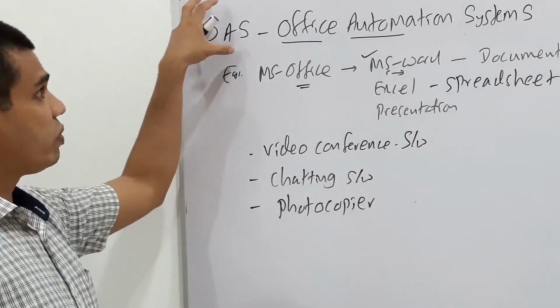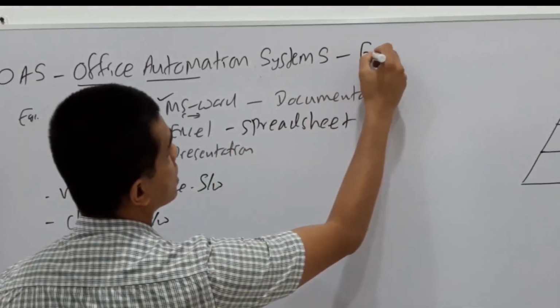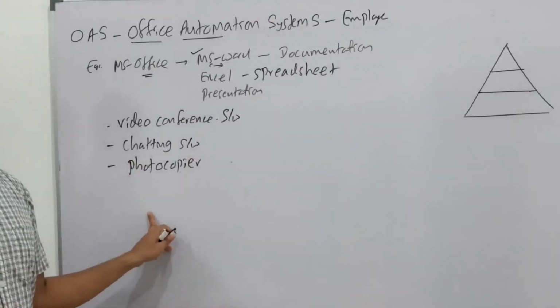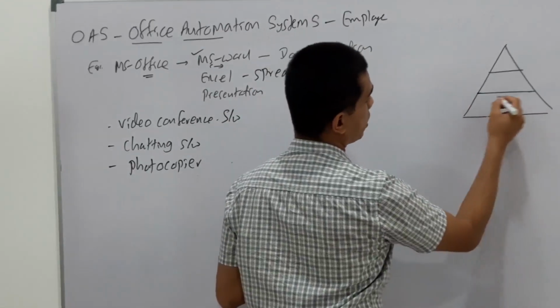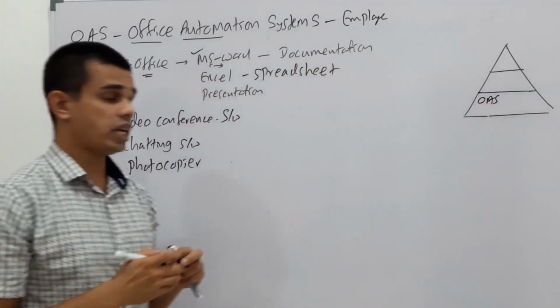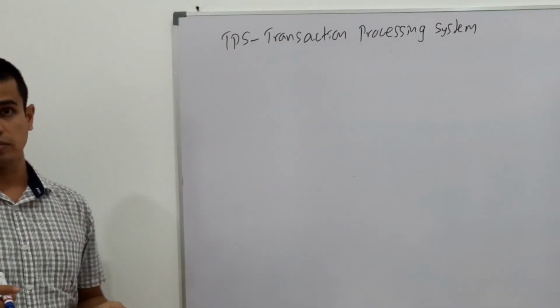So these are the office automation systems used by the employees, the lower level workers of the organization. According to the management pyramid, OAS, or office automation system, goes under the bottom level, the operational managers or the workers level.